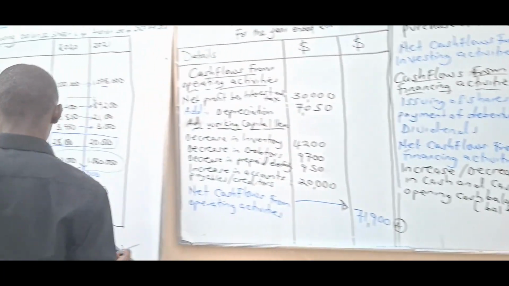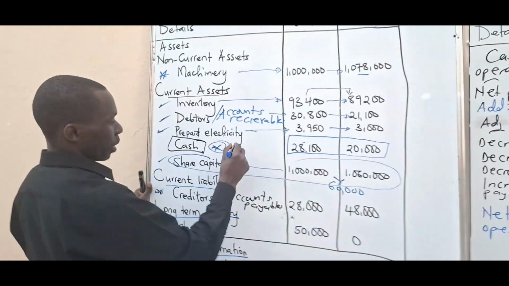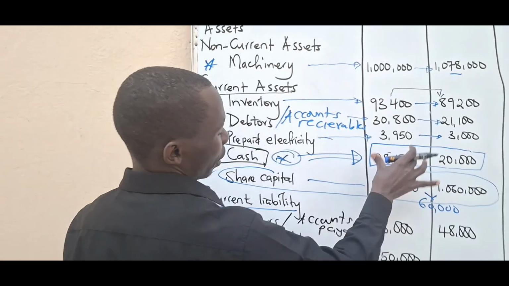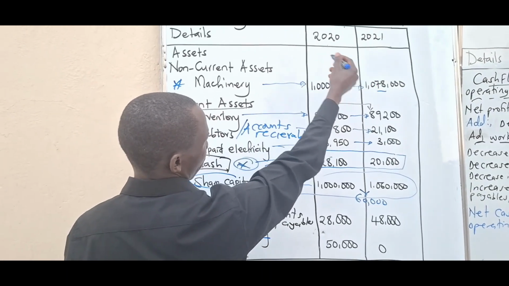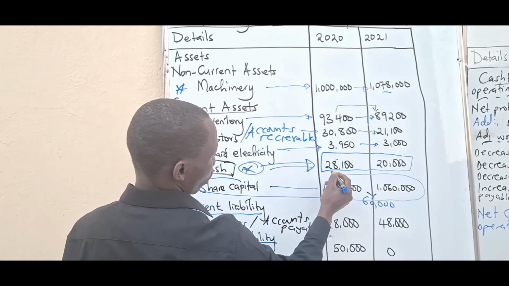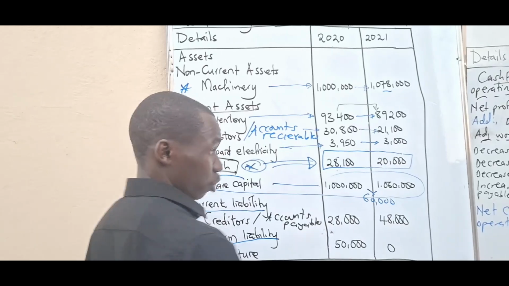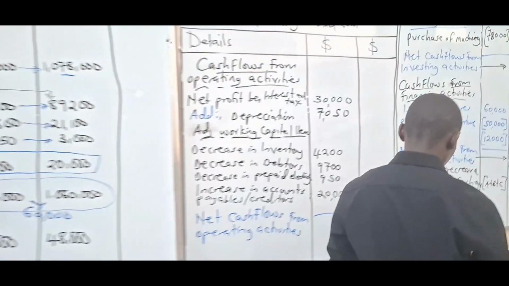After that, bring opening cash balance. Pick from here. Cash is already here. I told you don't adjust. Bring the cash for year 1, that is the balance brought down. The beginning balance in 2020 was 28,100, but it is positive. You bring it here.